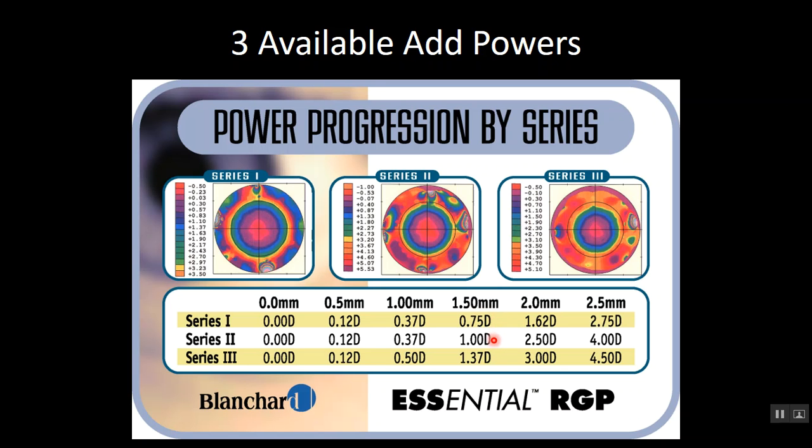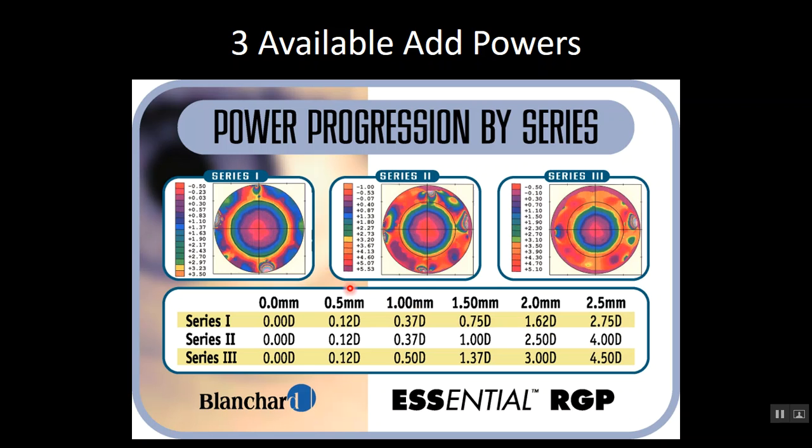The series 2 would provide 1 diopter of add. The series 3, 1.37. So that would be based on 1.5 millimeters from center or a 3 millimeter pupil. If we went to a 5 millimeter pupil or 2.5 millimeters from center, the series 1 provides a 2 3/4 add, the series 2 a 4 add, the series 3 a 4.5 add.